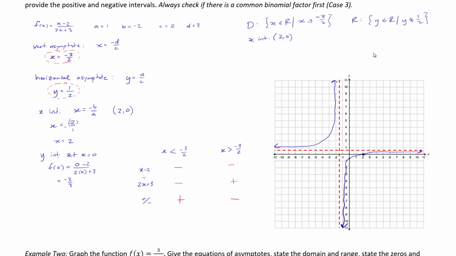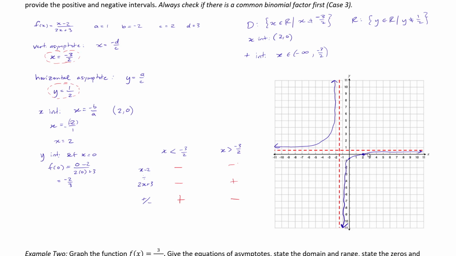Okay, so the positive interval is right here, so I'll write my positive interval. If I look at the graph, it is positive from x element of -infinity all the way up to, but not including, -3/2.